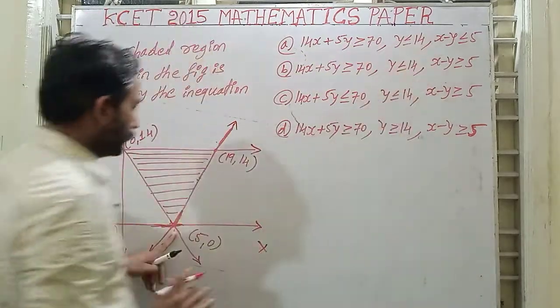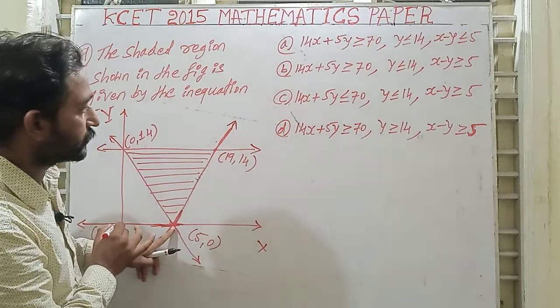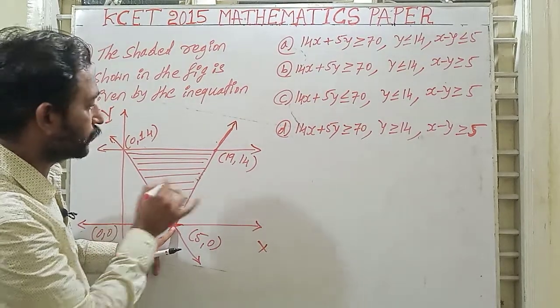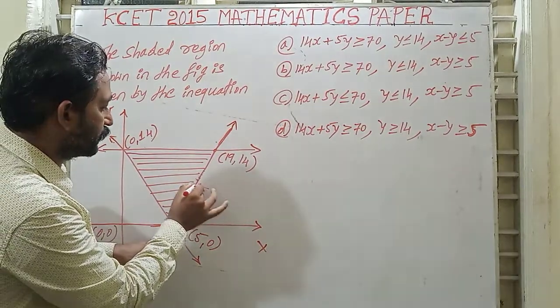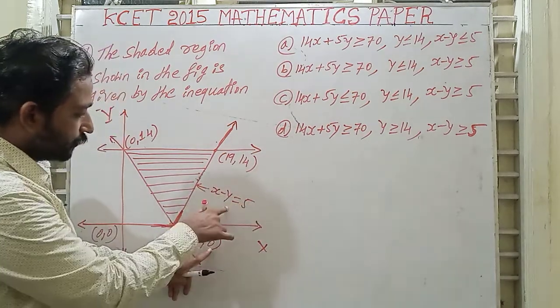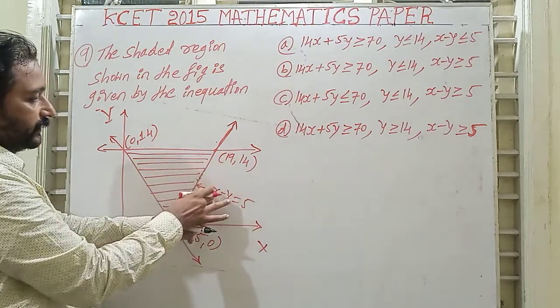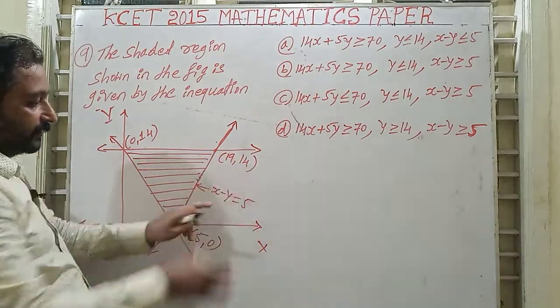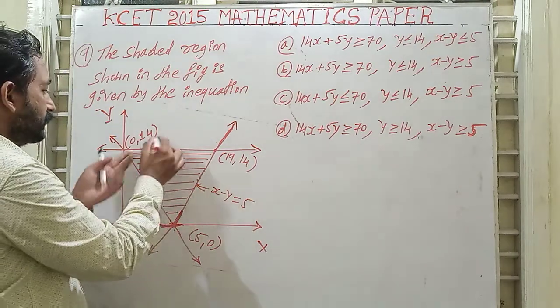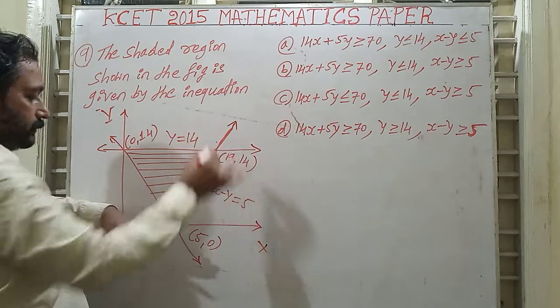This line is represented by x minus y is equal to 5, because put y is equal to 0, x is equal to 5, correct? Put x is equal to 19, y is equal to 14, we get 5. This is clearly y is equal to 14, parallel to the x axis.